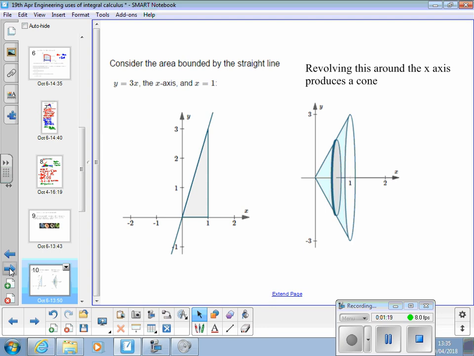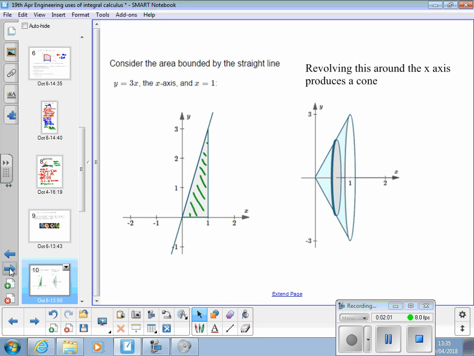If we consider a line with the x-axis equal to 1, highlighted in green, and we revolve it 360 degrees around, we would end up with a cone.